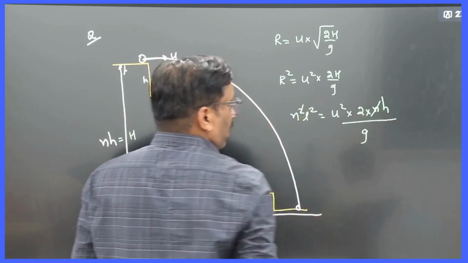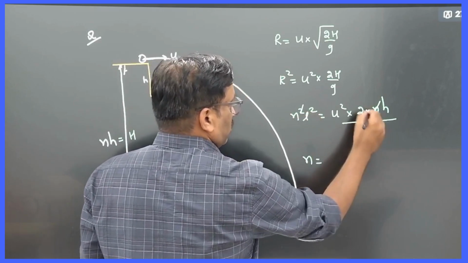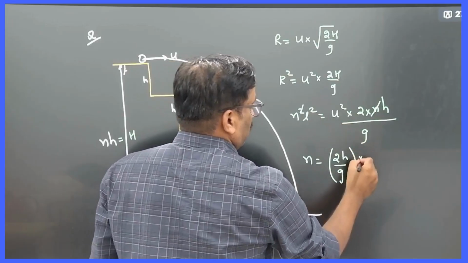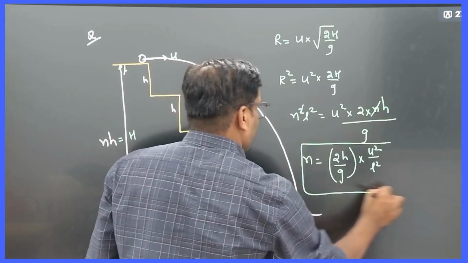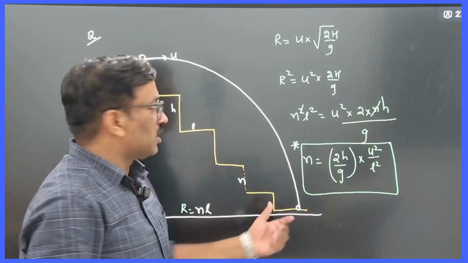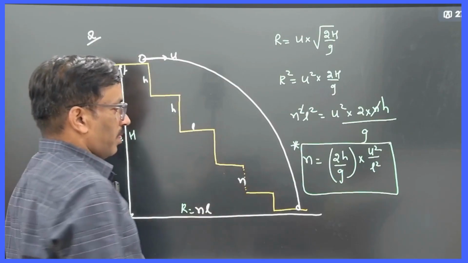One n and one n get cancelled out. So n will be equal to 2h by g into u squared by L squared. So this is your formula, and from it we find on which step the ball is going to hit.